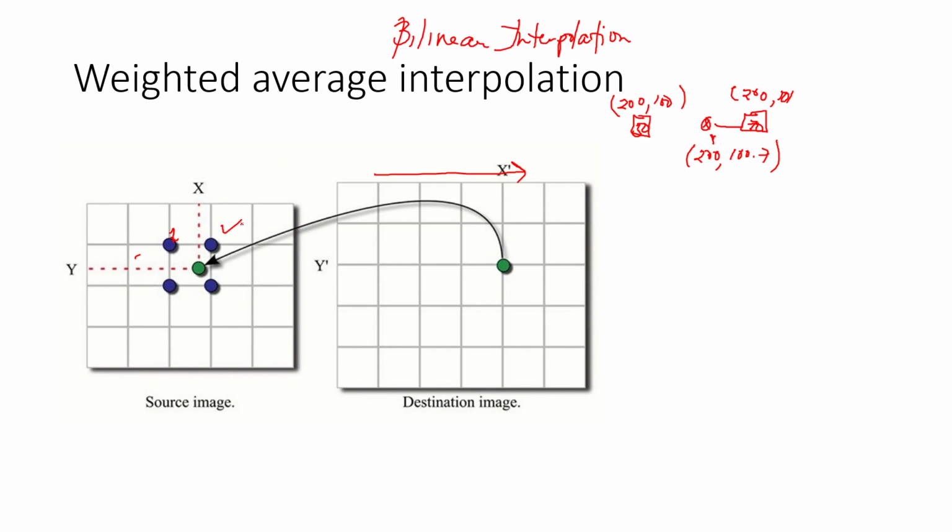So now we identify the distances. The distance from this point up to this corner is around 0.3, right? Kasi this is 101 and this is 100.7. Then the distance to the other one, corner 1, corner 2, if I write it here.